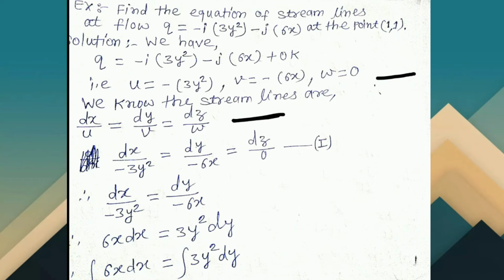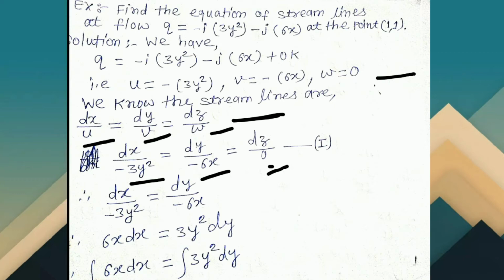So what do we get? In place of u we have minus 3y square, in place of v we have minus 6x, and in place of w we have 0. So we get dx upon minus 3y square is equal to dy upon minus 6x is equal to dz by 0.